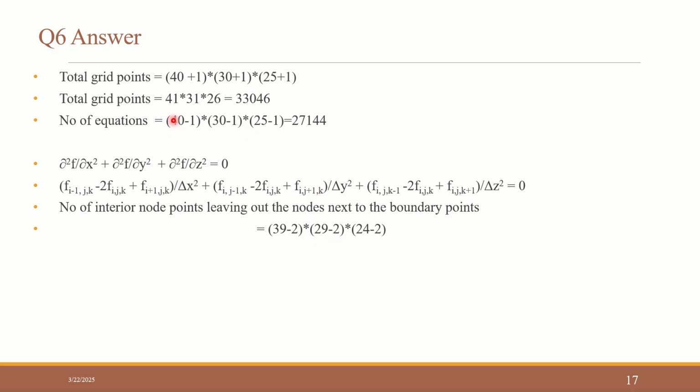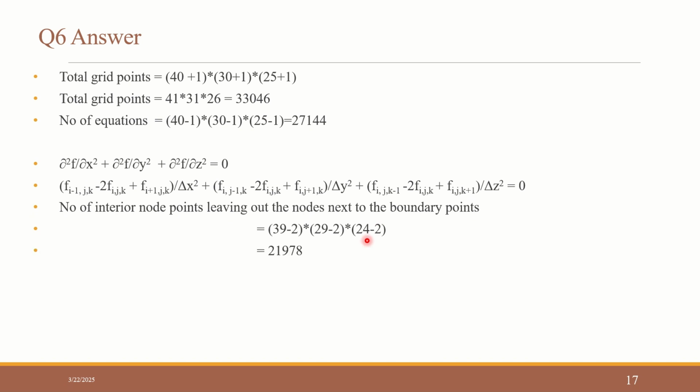This is the total interior points actually. Now we are just excluding the layer next to the boundary as well. So one more layer we are excluding, and we are taking only the innermost points. So it is 39 minus 2, 29 minus 2, 24 minus 2.